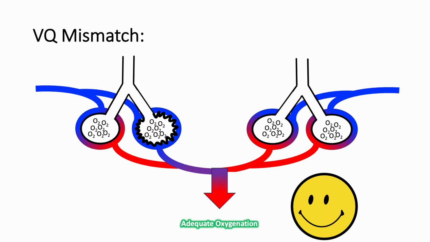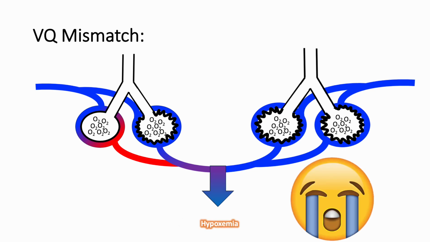If an inflammatory process affects only a small portion of the lungs, it's possible that the remainder of the unaffected lung would have enough reserve to sufficiently compensate to sustain adequate diffusion and thus oxygenation. But if too much of the lung is affected by a pathologic process, this could result in hypoxemia and ultimately hypoxia at the tissue level if not addressed.